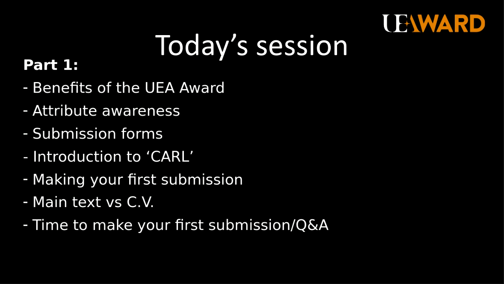I'm going to talk you through making your first submission. We're going to look at your reflective text that you submit versus the CV section at the bottom of the forms, and I will explain that in a little while. And then you will have time after that to have a go at making your first submission. And as I said, if you do have any questions, then please do email us. We are very happy to help.